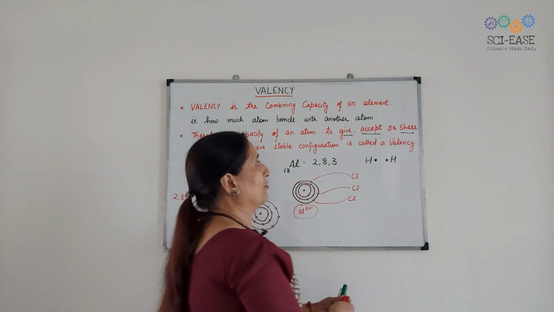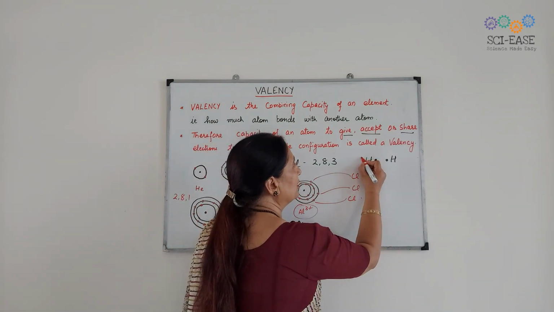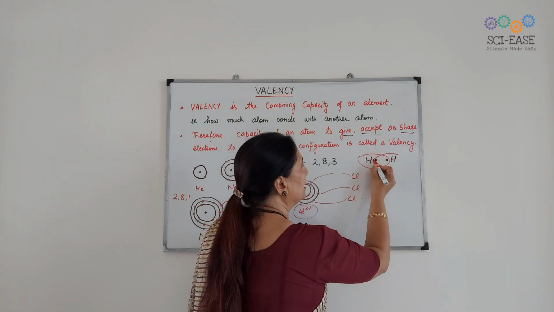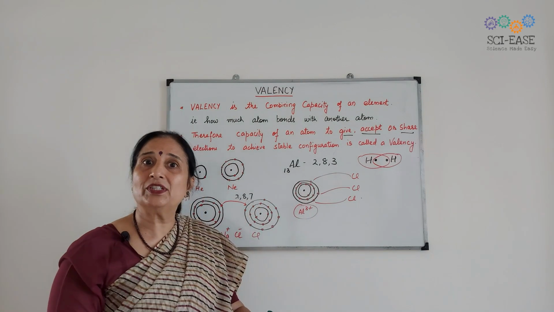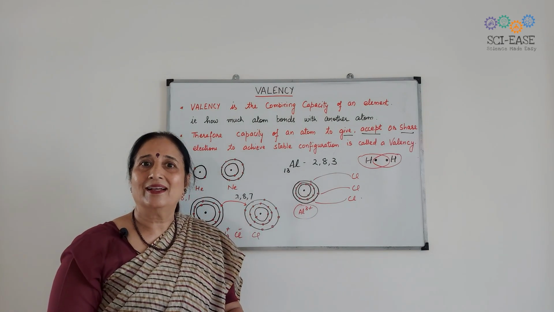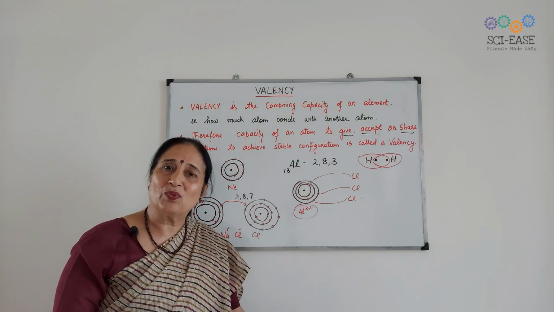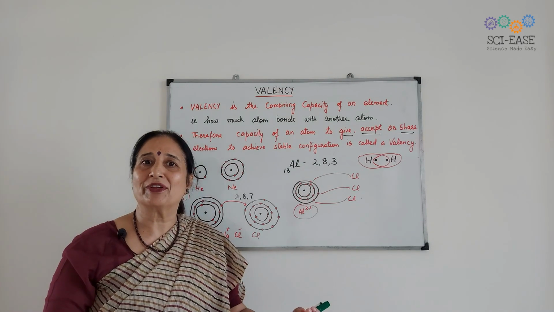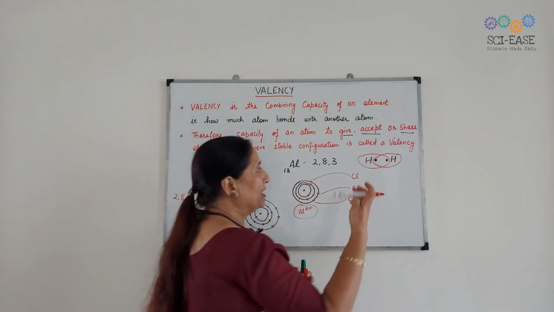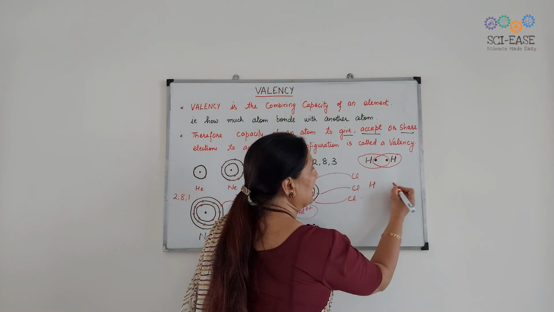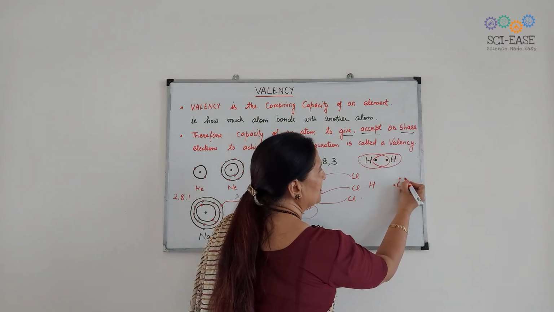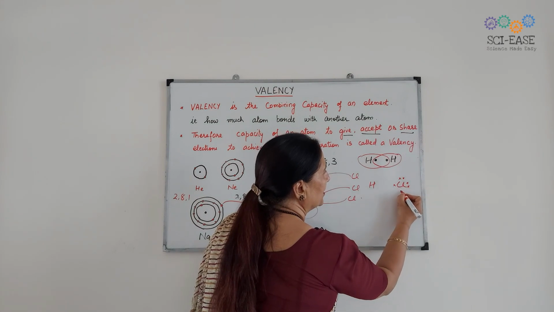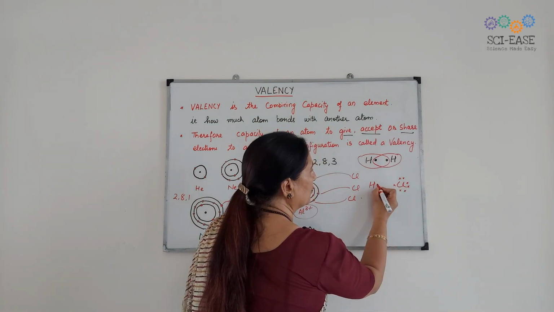Okay, so what will be the result? This hydrogen will share this electron, and this hydrogen will share this electron. So here the sharing of the electrons takes place, and it will acquire the noble gas configuration. In the same way, when you take the case of HCl, here 7 electrons, you can put dots or crosses, whatever you like.